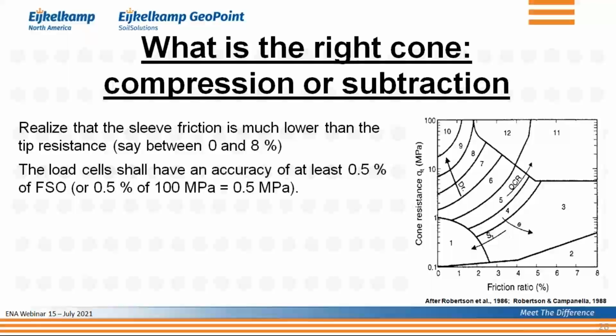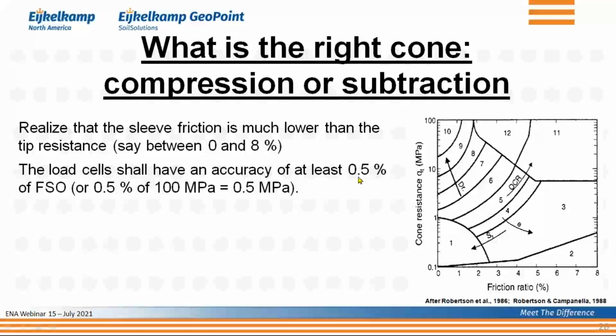Because the other thing that we have to realize is that the load cells have to be rated to the values that you can get. And if you look right now at the tip resistance, we show here between 0 and 100 megapascal. That means that load cell is indeed rated then for at least 100 megapascal.